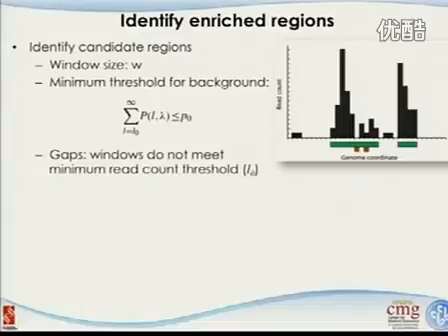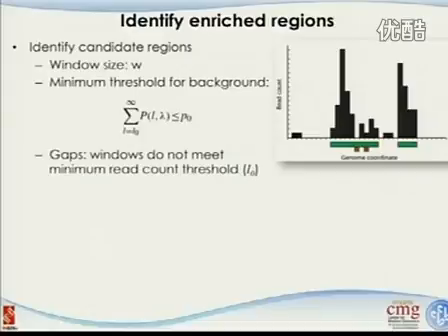This is based on a Poisson model, and this is the p-value that you are targeting. Again, this is just to understand the concept. There's no way that we need to write a program to do that. They actually have the program. It's available. And using this type of equation, that can help you to decide the minimum threshold for background.